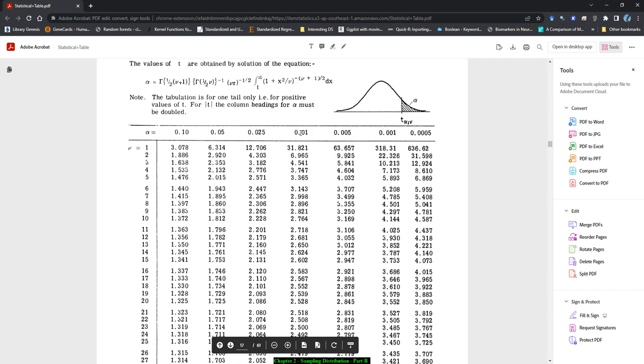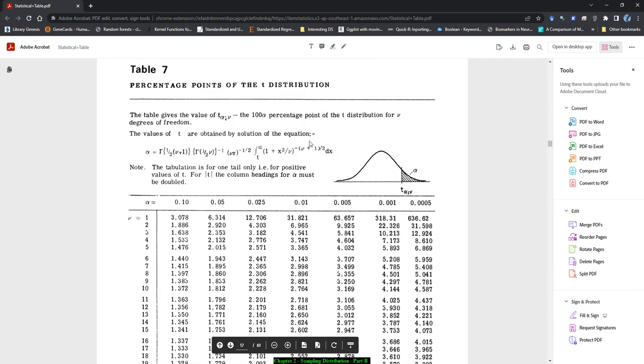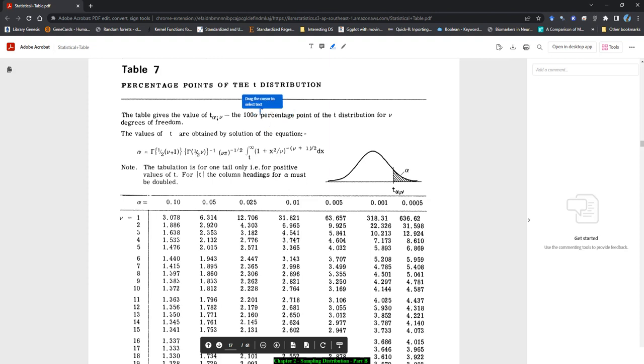You must understand that this table is given differently from the normal distribution. The table gives the value of t alpha with v degrees of freedom, right? So it says here, with v degrees of freedom. So this value represents t alpha with v. V is the degree of freedom.